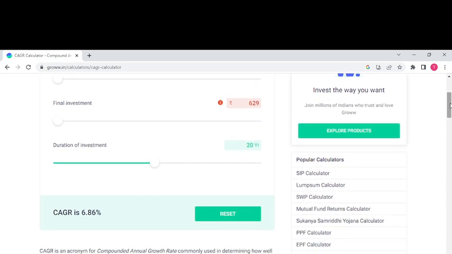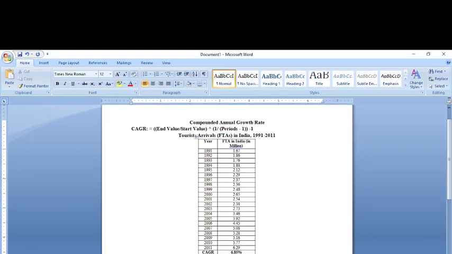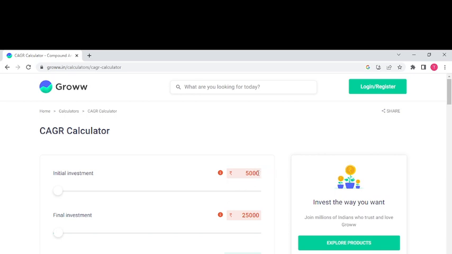as 6.86. I can show you again, reset. Here you put the value. We had the initial value as 1.67, so it won't pick up decimals, so I would write simply 167 here, and here I would write 629.